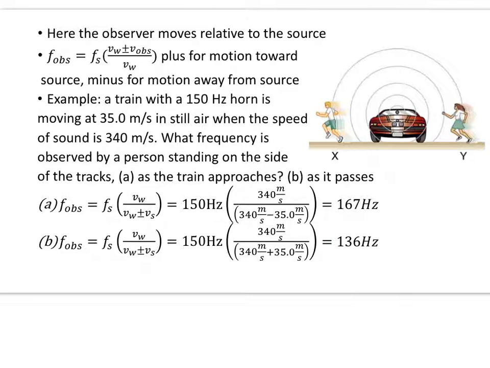So this illustrates what I was talking about in the previous slide. As the train or the car passes the observer, then the frequency is going to shift from 167 hertz down to 136 hertz, which is quite dramatic and easily observable.